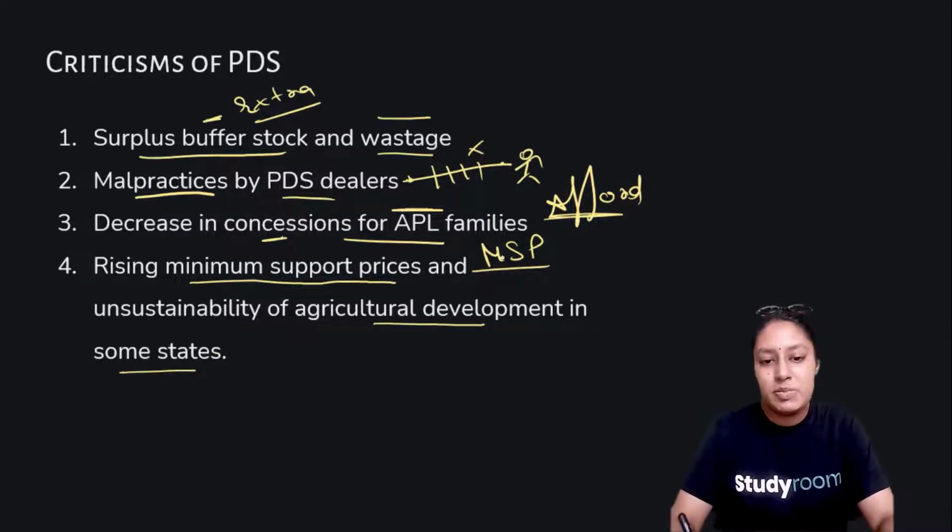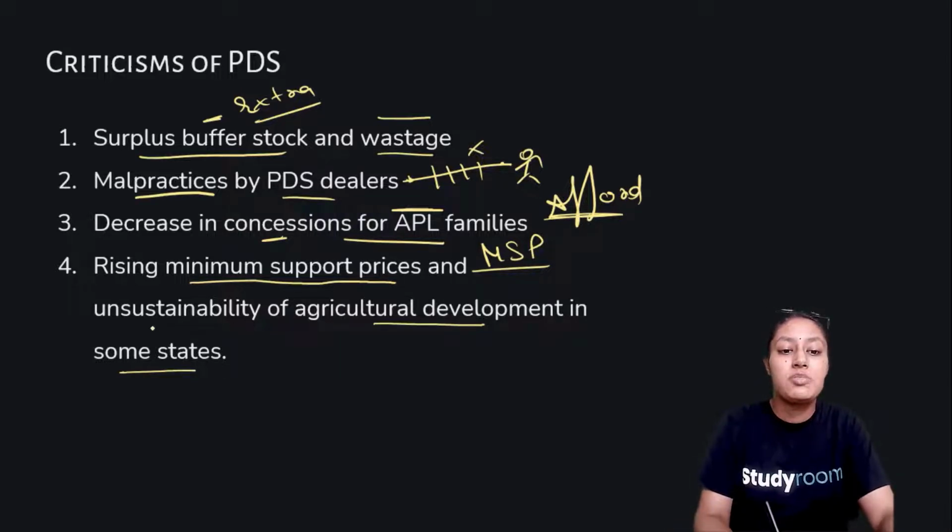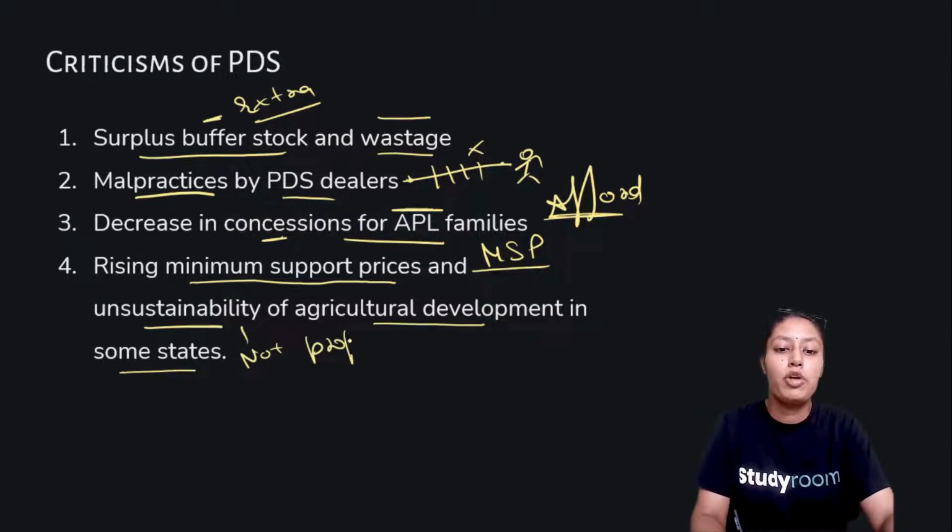MSP is the minimum support price, which is given to the farmer by the government. MSP has been rising, and there has been unsustainability. Unsustainability means not proper planning of land and of agriculture development in some states.